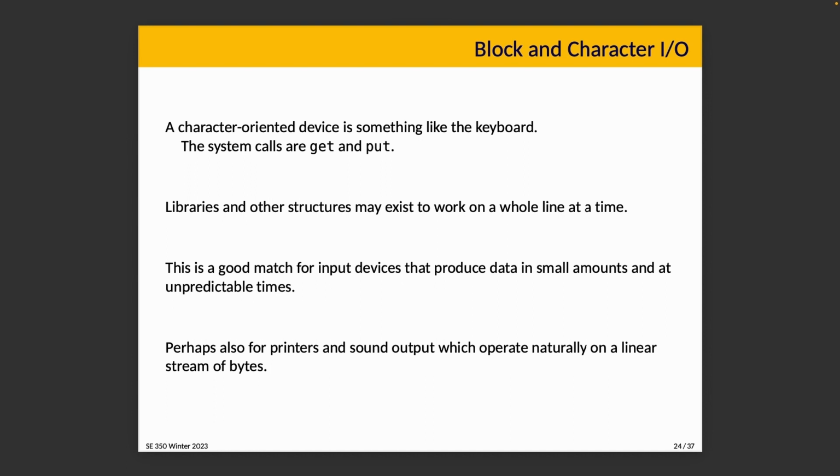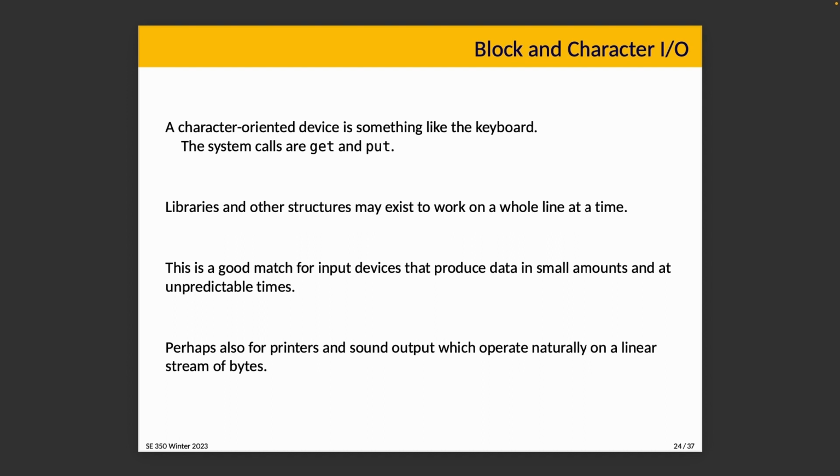Whereas a character-oriented device, as I say, resembles a keyboard, and it doesn't have to be exactly a keyboard because it could be any other character-oriented device, and it operates rather than on read and write semantics on get and put. And get and put are just ways of saying, get the next thing or put the next character.